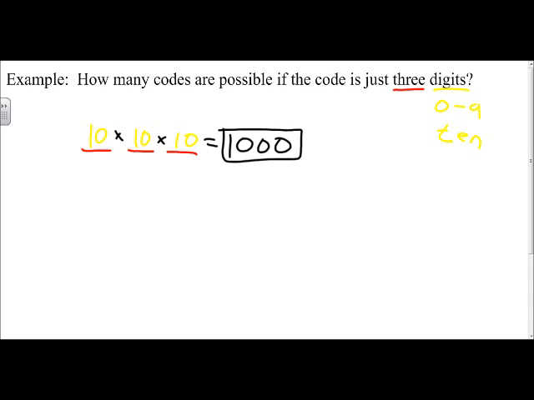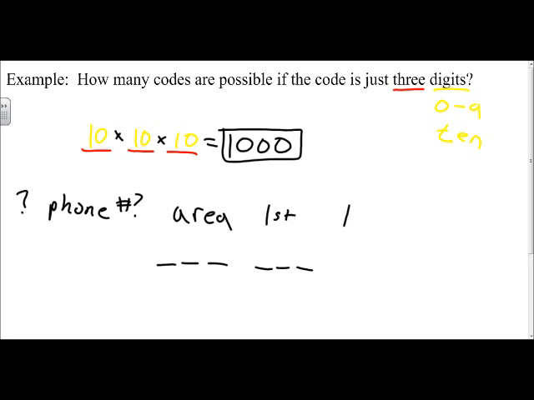So I know this one isn't written on there, but just for kicks, I wonder how many different phone numbers are possible. If we look at the area code, which is going to have 3 digits, the first 3 digits of your number, and then the last 4.